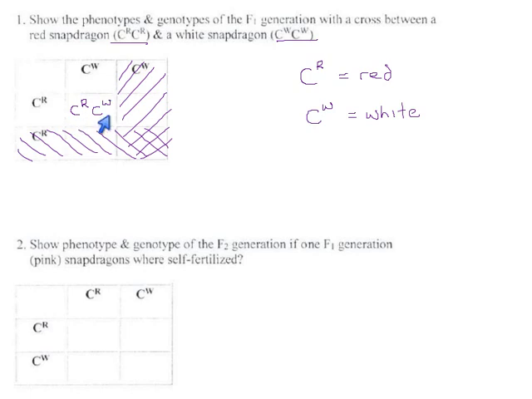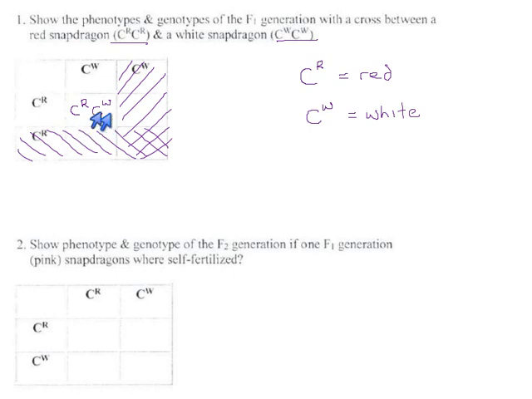When you're writing these, because neither one is dominant, it's not incredibly urgent to put them in either order. You can't really say one of these comes before the other or dominates the other. I try to put them in alphabetical order just because that way I'll write them consistently and they all look the same. If you have a page where half of them are CRCW and half of them are CWCR, you'll drive yourself crazy trying to match things up.